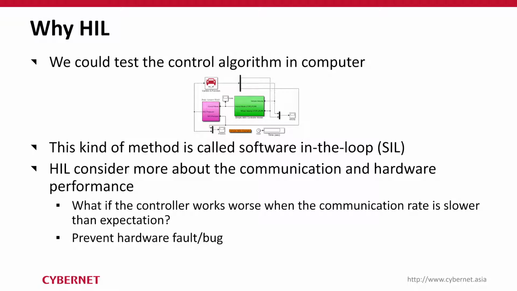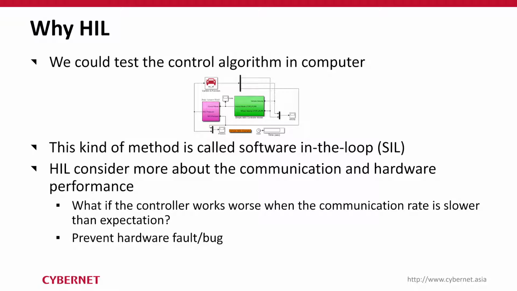Now you might want to ask a question. Why here? We could test the control algorithm on our computer, and this is why we introduced software in the loop. The difference is that here we consider more about the communication rate and the hardware performance. For example, what if the controller works worse when the communication rate is slower than expected? What if our hardware has some faults and bugs?